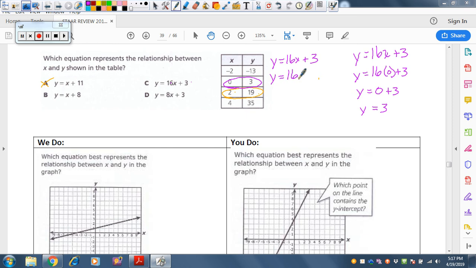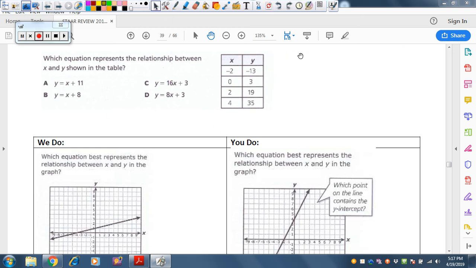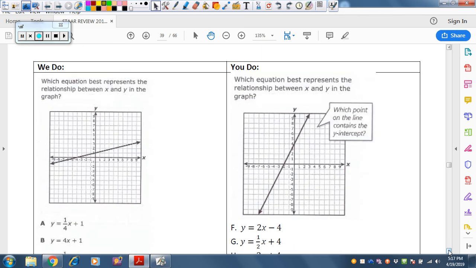I'm going to do the 2 now. 16 times 2 plus 3. Is that 32? Is that right? If my x is 2, is my y supposed to be 35? No. So make sure you either check it all the way down or you prove 3 of them wrong. So you've got 2 left. Try it with both of them until you get the right answer, or until you prove one wrong.